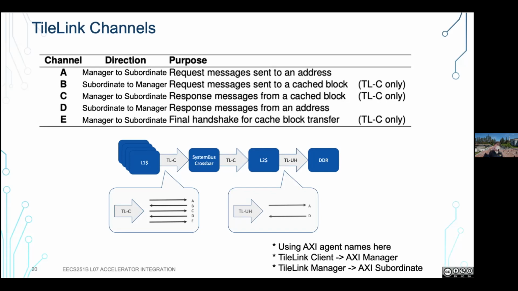You may see TL A, B, C, D, E in a lot of the cache designs that we have. Those are more for the coherence traffic. So for the basic UL and UH, we send the address and we get the data, pretty straightforward, and the B, C, E channels are typically involved in coherence traffic.